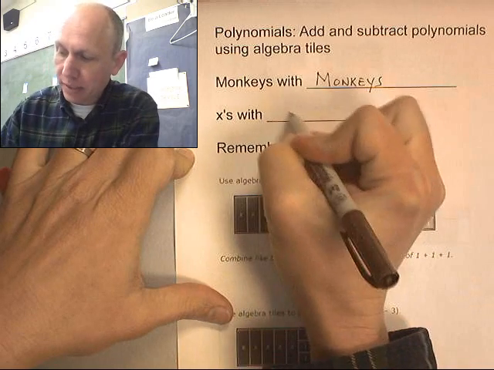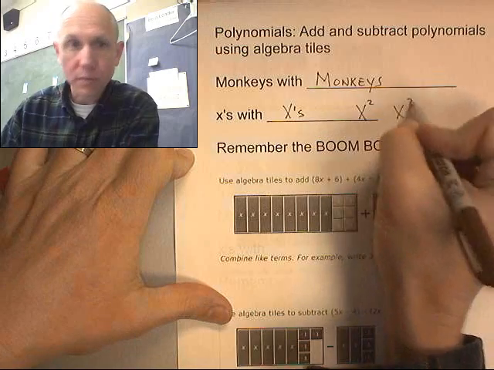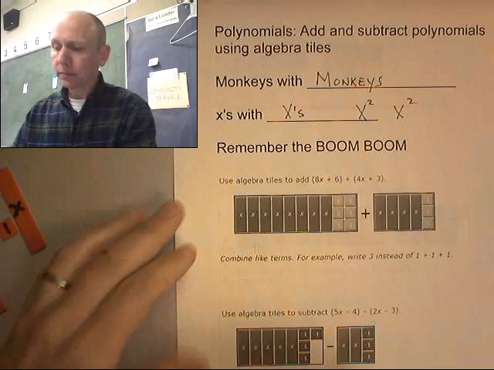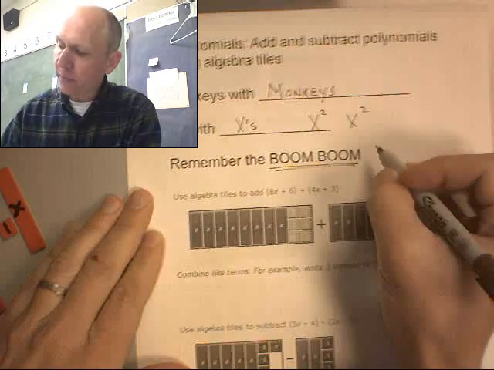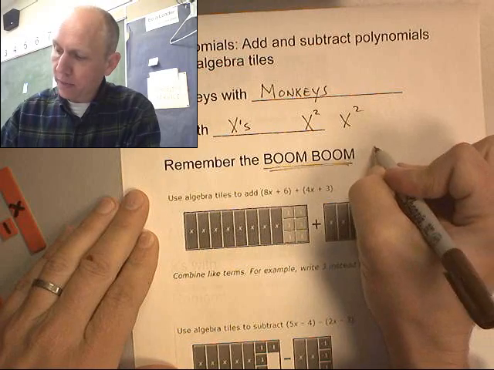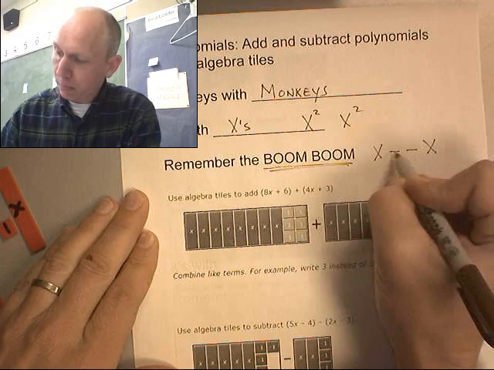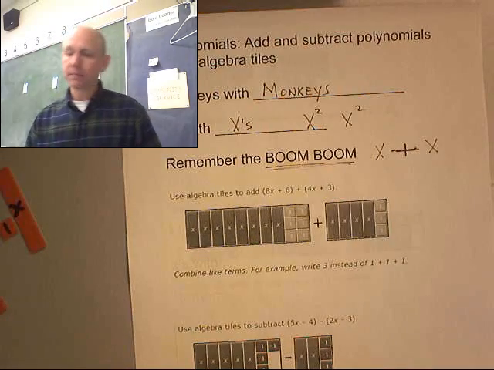X's like to play with X's. X squareds like to play with X squareds, right? So we just have to make sure we add the correct terms together. And also remember what the boom boom does. Remember the boom boom? If I have x minus negative x, boom, boom, right? The two negatives in a row become a positive.